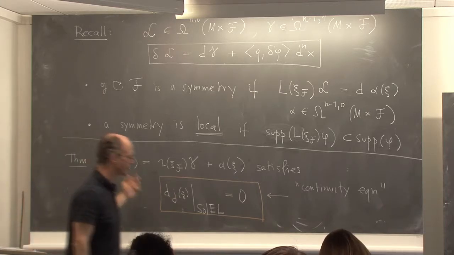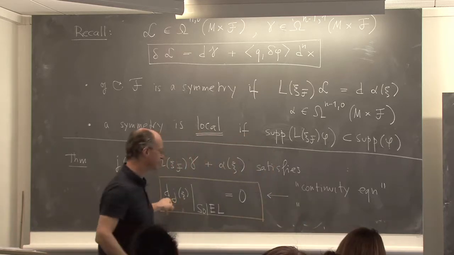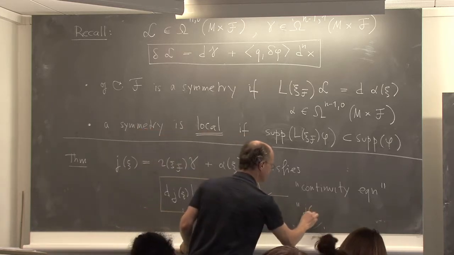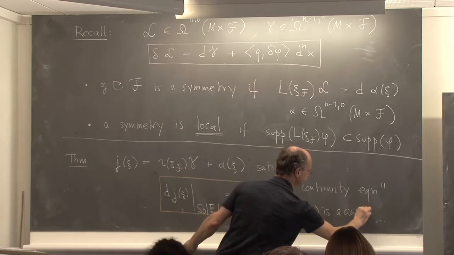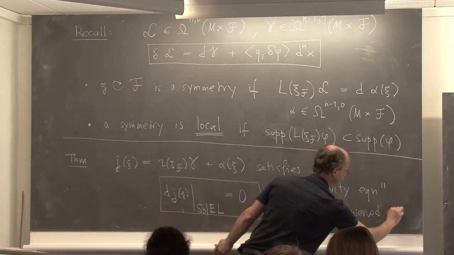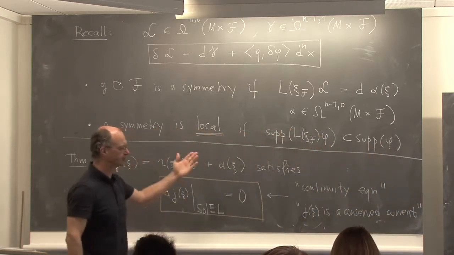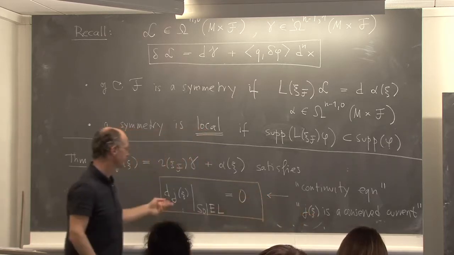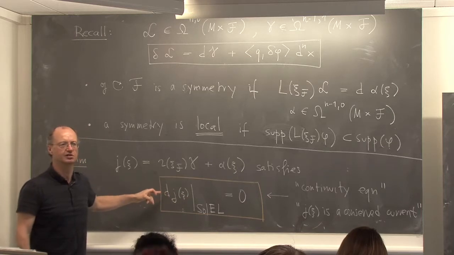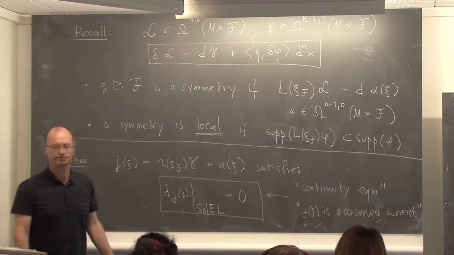Or sometimes one says about this equation that j of ψ is a conserved current, whatever that means. That would be more like physics lingo. But of course, for us, it's just that the de Rham differential of this j is equal to 0.